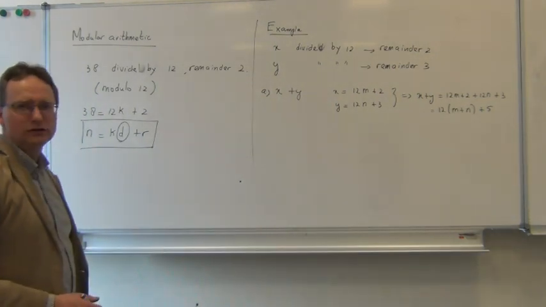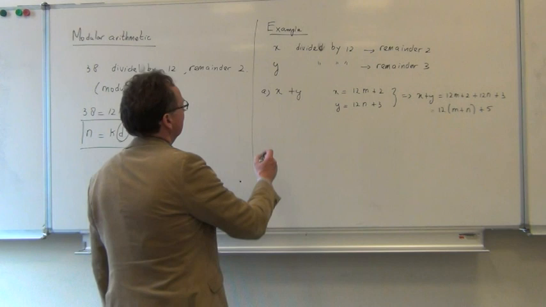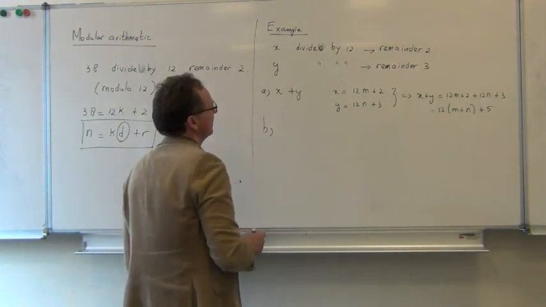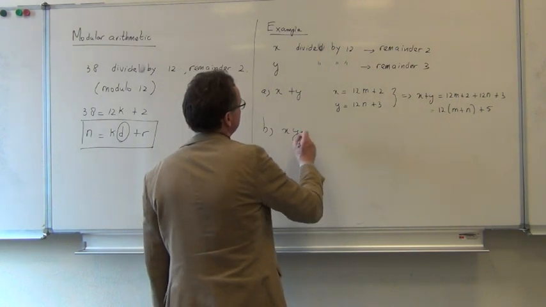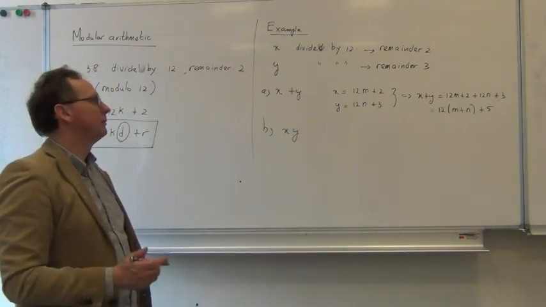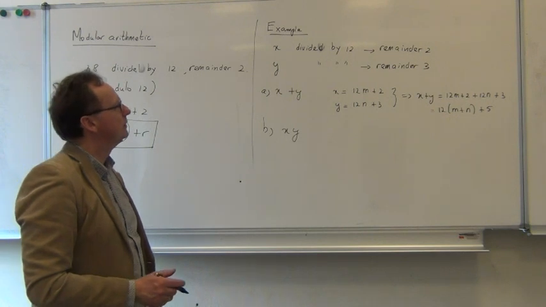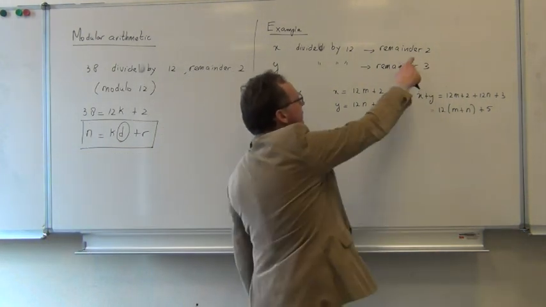The same goes for subtracting, you can easily check that. Let's also check multiplication. Oh, by the way, for subtracting, maybe I should be a bit careful there, because you can ask, is it possible to have remainder minus 1?